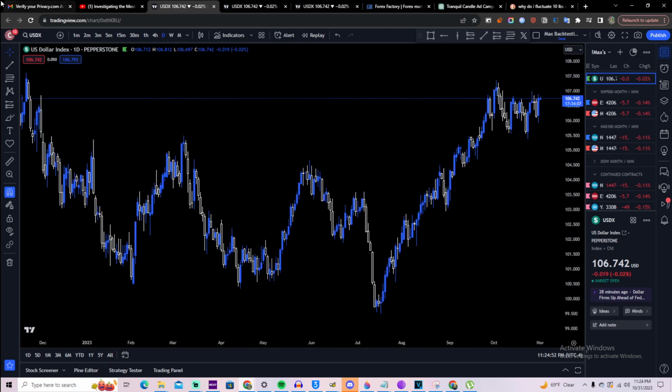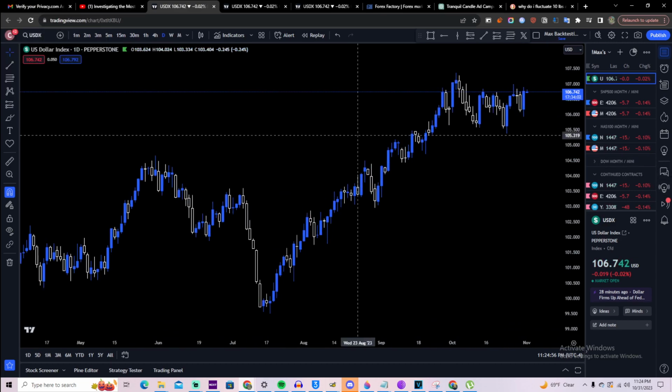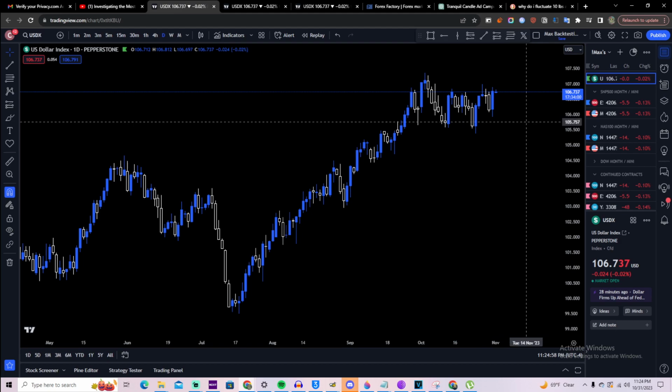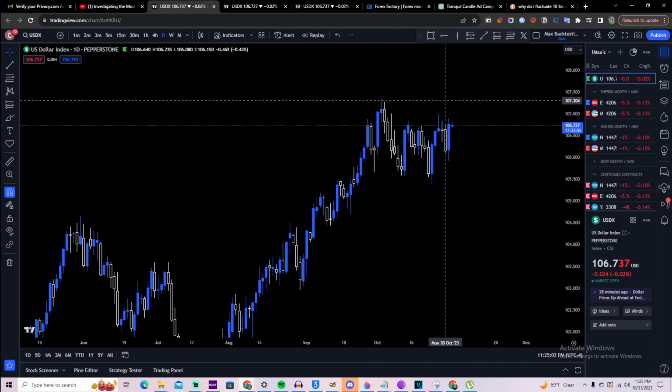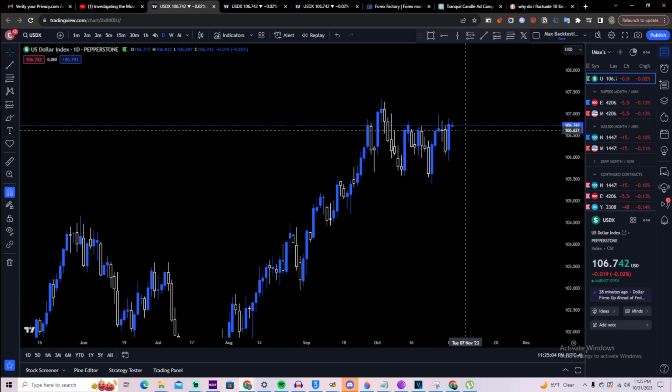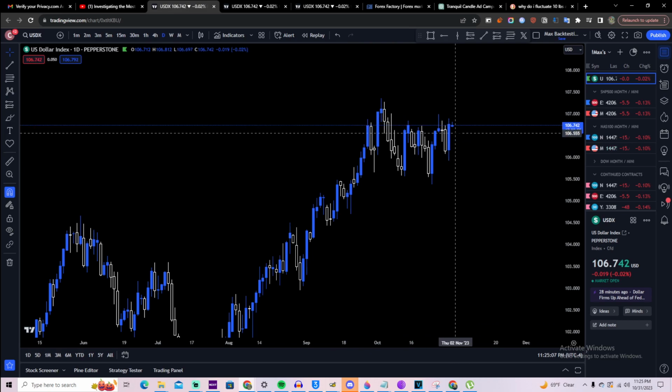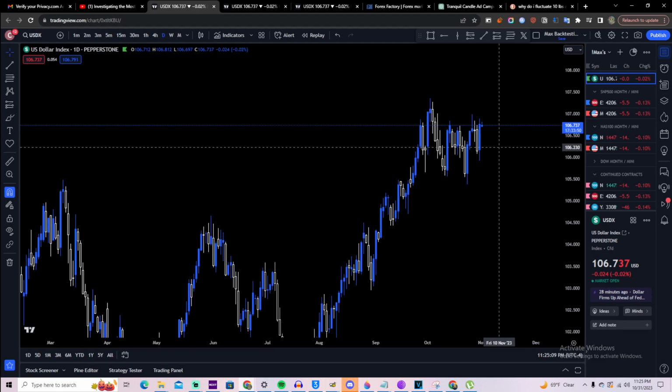The reason we're looking at the US dollar index anyways is just to understand where that's going, because futures are going to be adverse to this, meaning it's going to do a different thing. Right now, it looks like the US dollar is creating these really smooth highs.